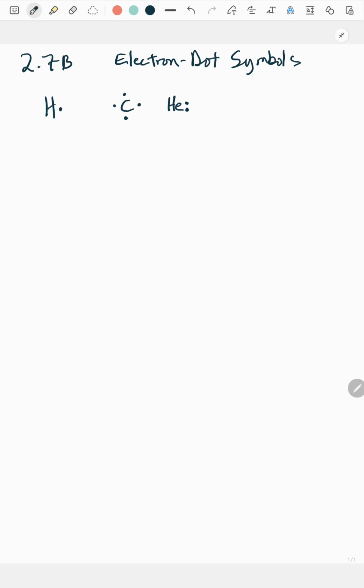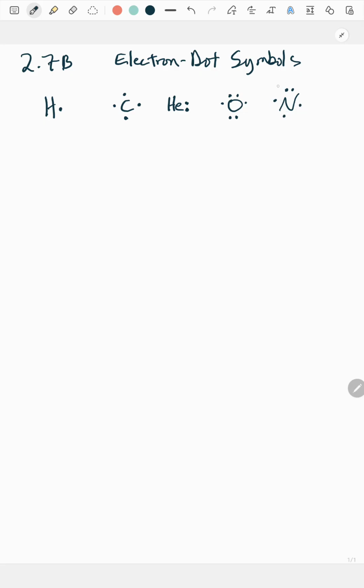They tend to pair up, like they fill up an orbital. 2 electrons in an orbital, they pair up. Oxygen with its 6 valence electrons, it's 2s2 2p4. We can write it like this: 6 valence electrons. Nitrogen with its 5 valence electrons.